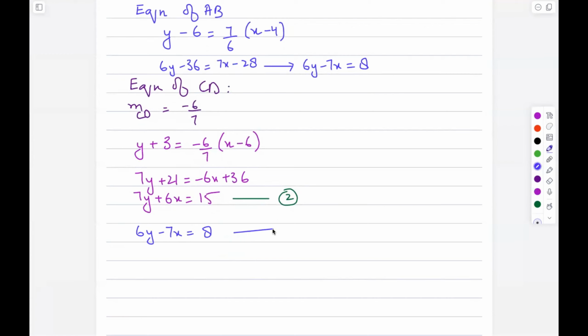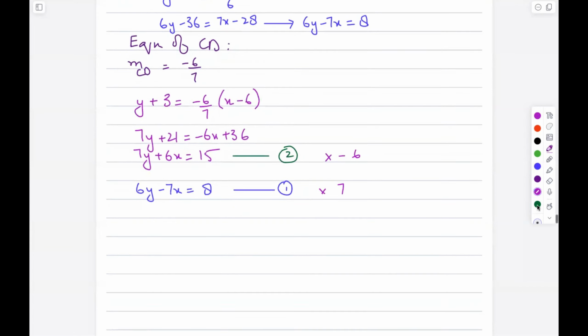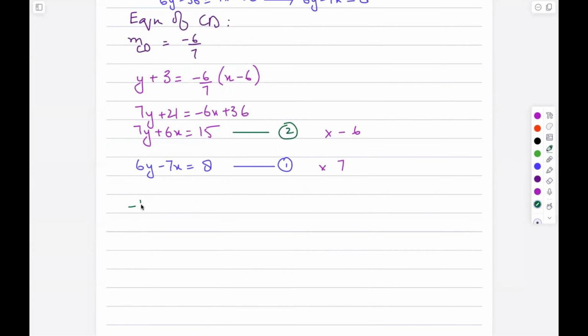Now, as we have to find the value of the x coordinate of D, we can cancel out the y values over here. So multiplying this equation by minus 6 and this equation by 7 to make the y values equal, this will become minus 42y minus 36x is equal to minus 90.